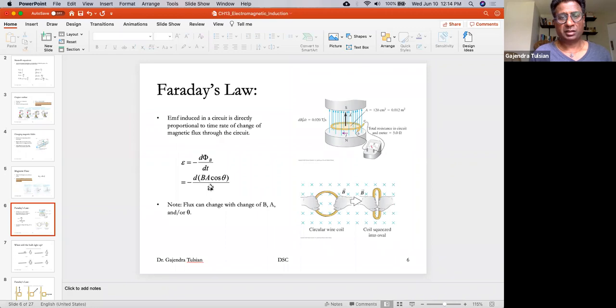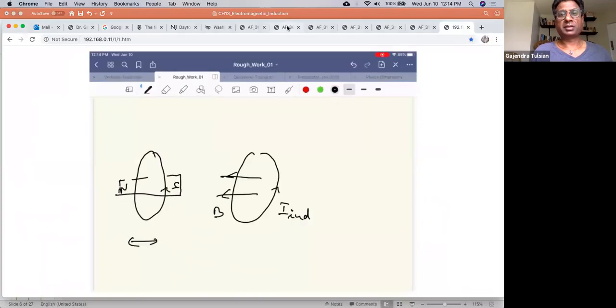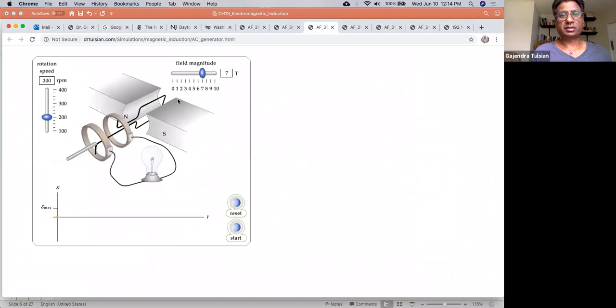You can either change the magnetic field, you can change the area, or you can change this angle, or you can change all three at the same time. You saw that in practice, the easiest thing to do is to change the angle theta, and that's what you saw in this application in the generators. So the easiest thing to do is change the angle between the area vector and the magnetic field vector.